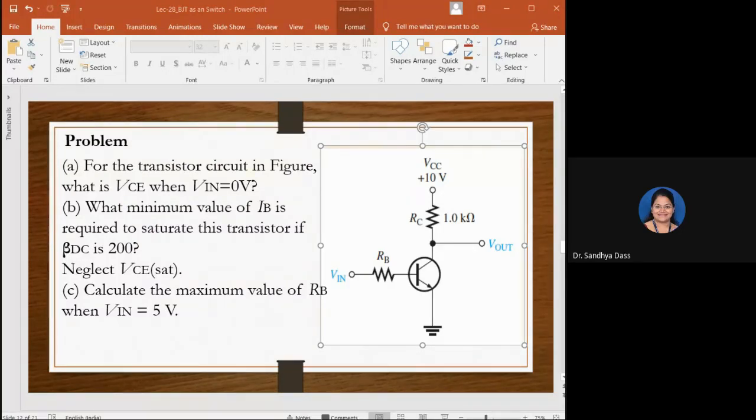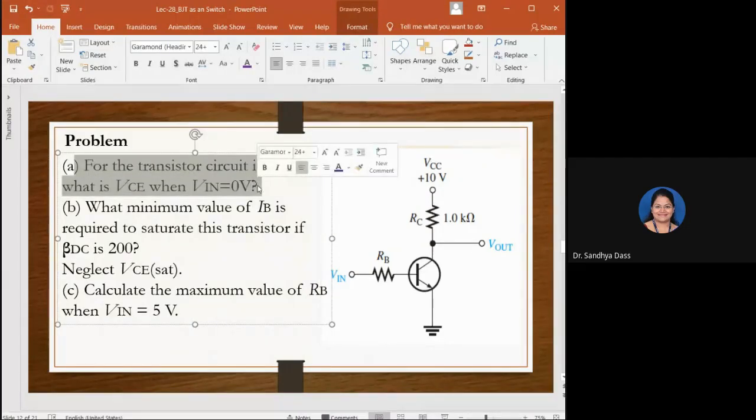Let us go in sequence. VCE is equal to what? VCE is equal to VCC, isn't it? That is the condition, the cutoff condition.